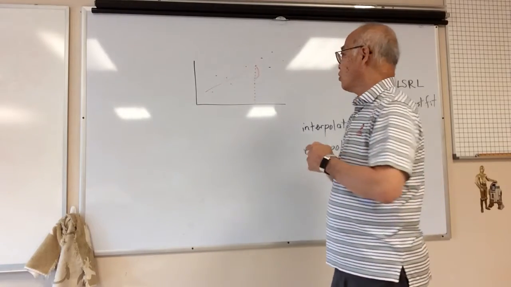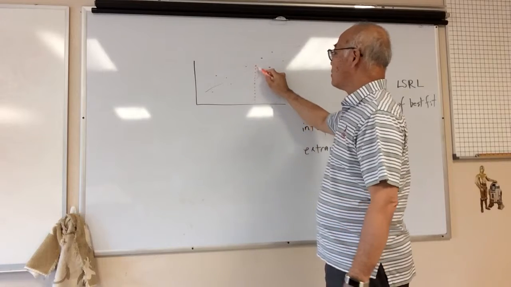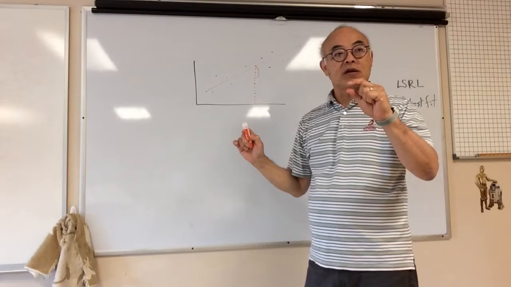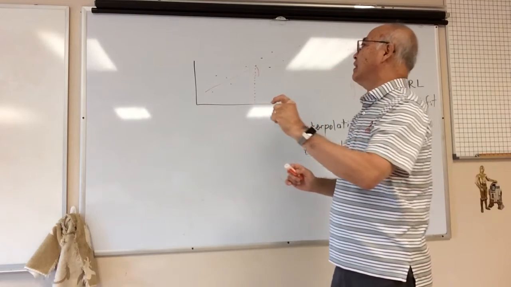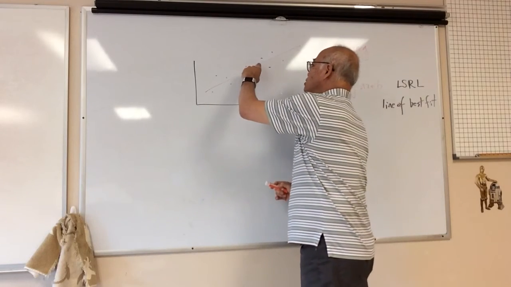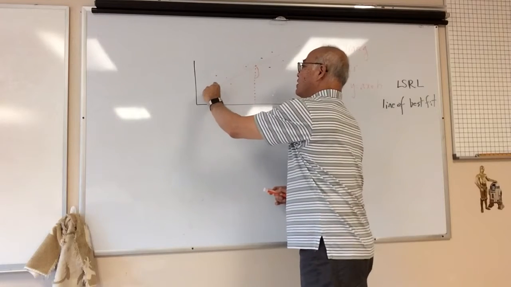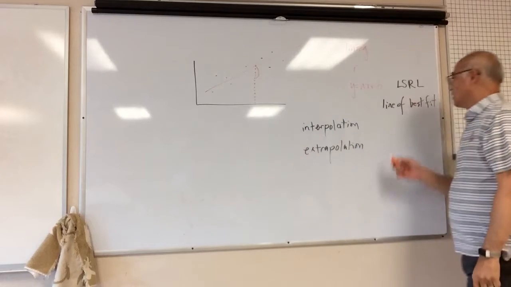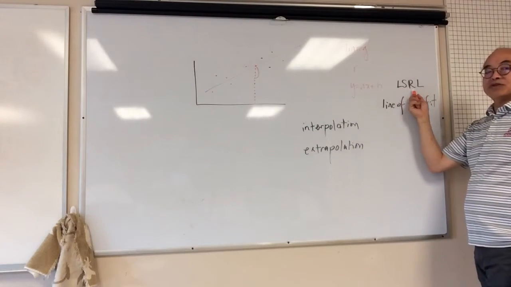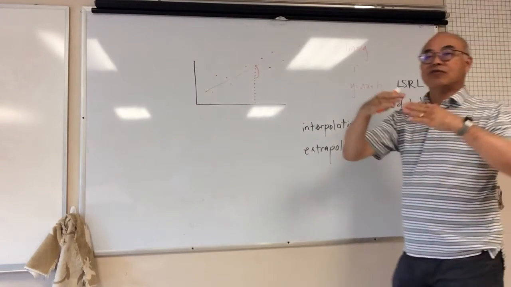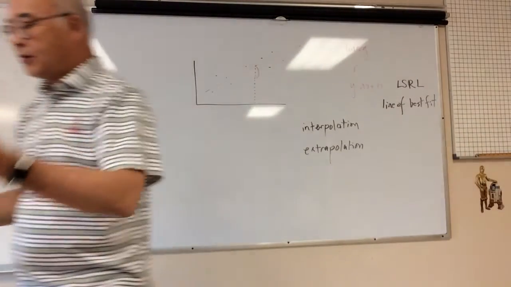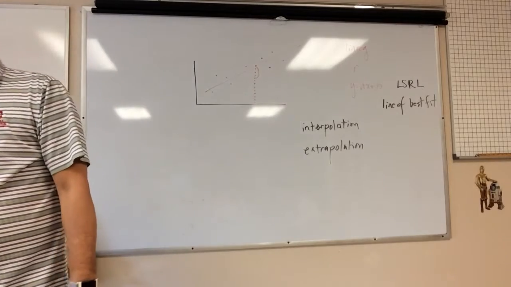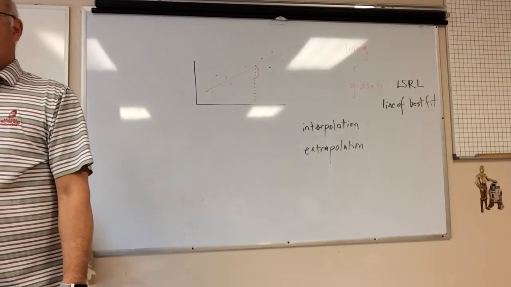Do you want this difference to be large or small? Small. You want a line that gives you the smallest amount of these residuals if you add them all up. Least squares residual line. That's how you find that line. We'll come back to this in 10.2, but I'm planting the seed in the back of your mind. Example number 6.